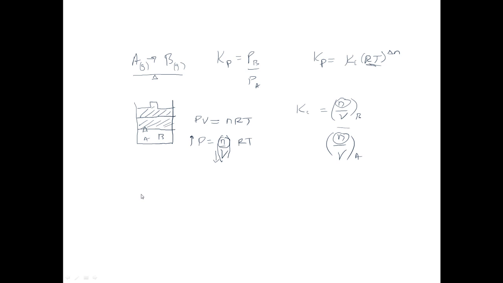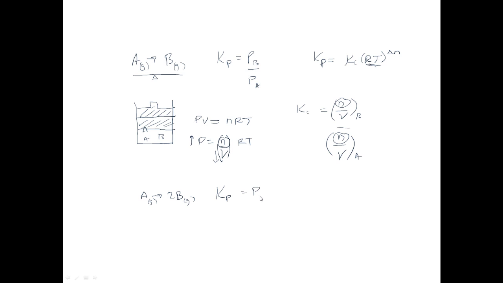Let's look at a different system. Let's say that A is going to 2B, and both of these are gases. All right, so we write the equilibrium expression with respect to pressure here.